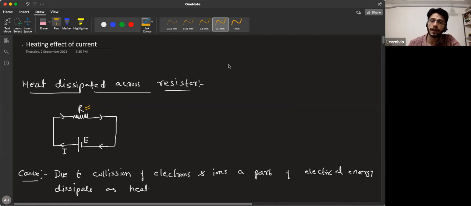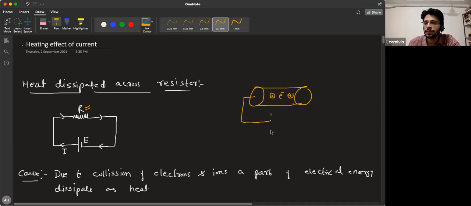And what is the cause of that heat? The cause is, see, if I take a conductor, then the conductor has ions and free electrons. When you connect this conductor to a cell, then the cell applies some force over the electrons. Due to that force, these electrons move.